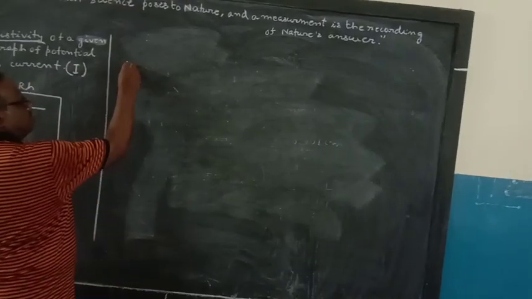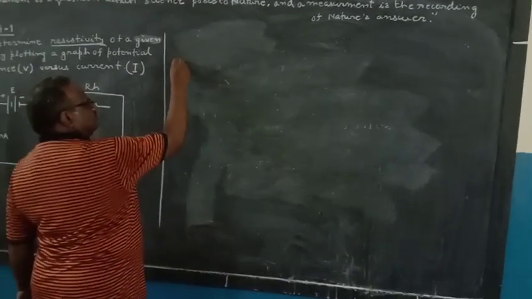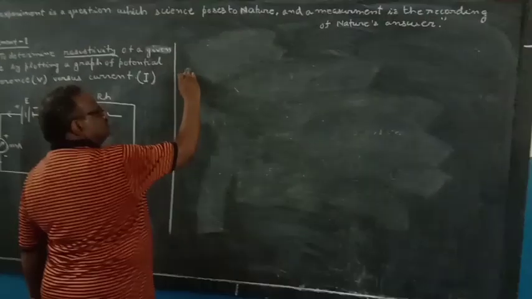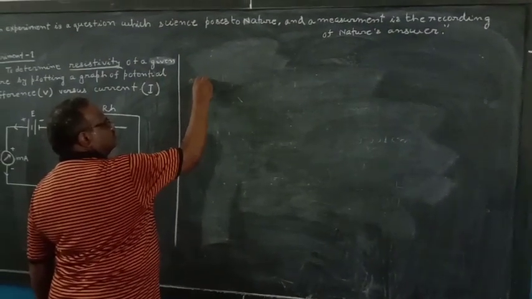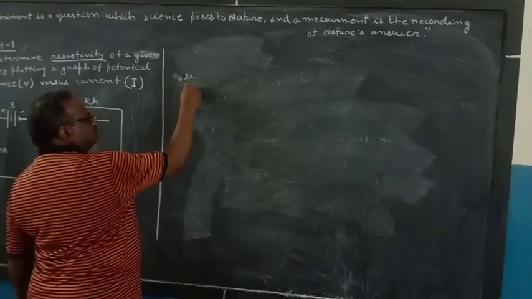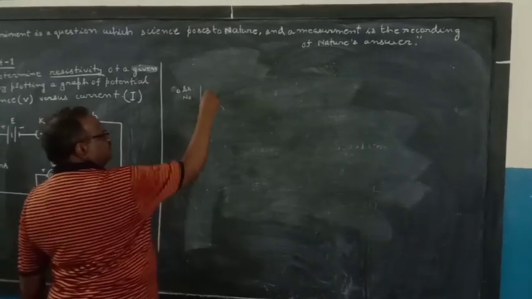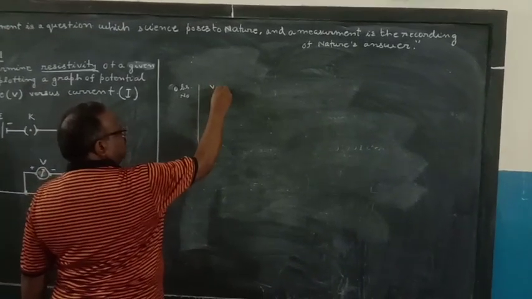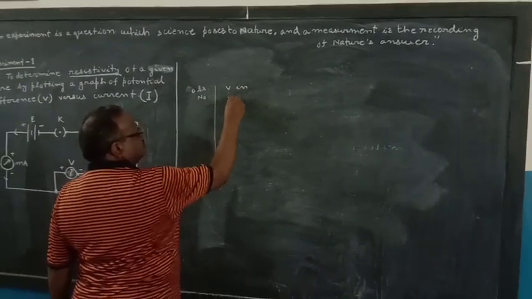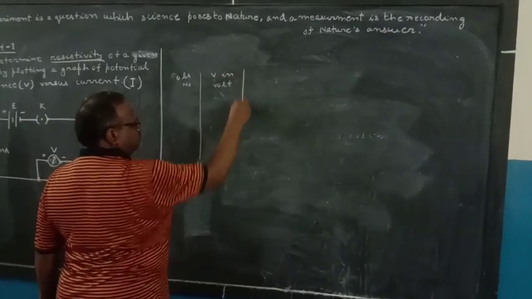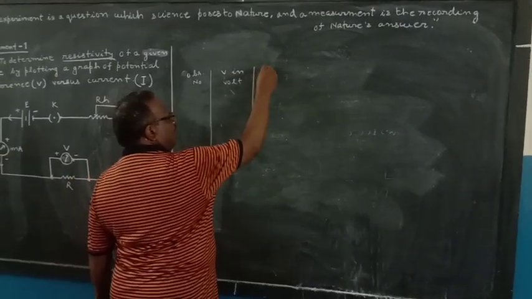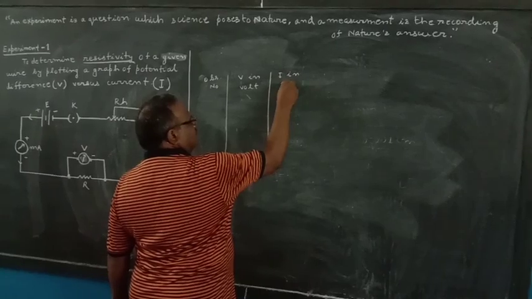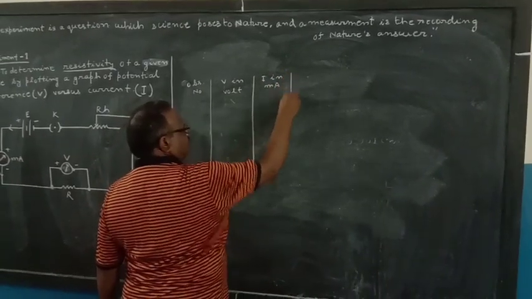So here your observation table: V in volt, I in milliampere.